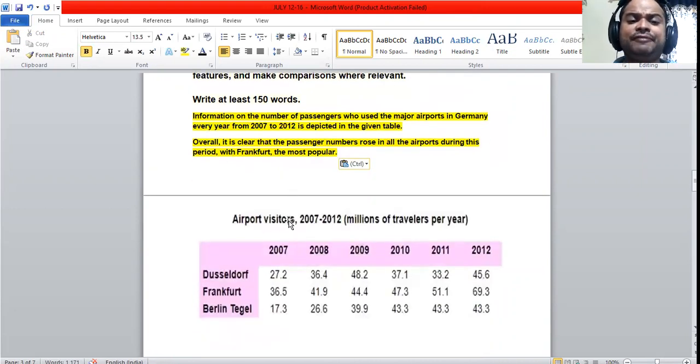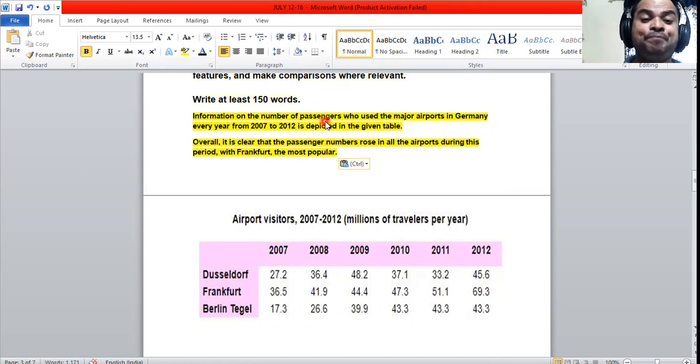So you can say information on the number of passengers. I can expect a lot of passengers or travelers, so I need to use a lot of synonyms here. I used passengers a lot right now. When I do my editing, this is the basic thing which I have framed.